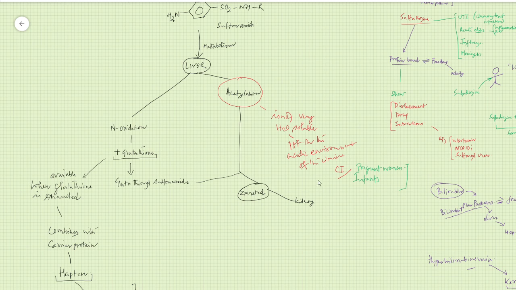If it precipitates, what can happen? It can cause crystalluria. What is crystalluria? Basically kidney stones. So one of the adverse effects is that it may cause crystalluria, the reason being that it is not water soluble in the acidic environment.